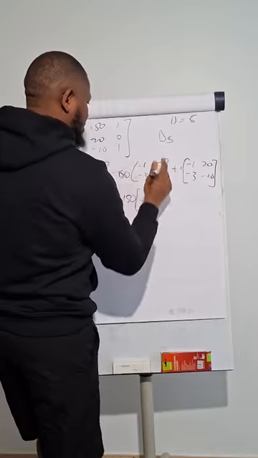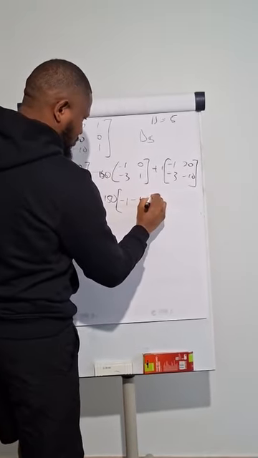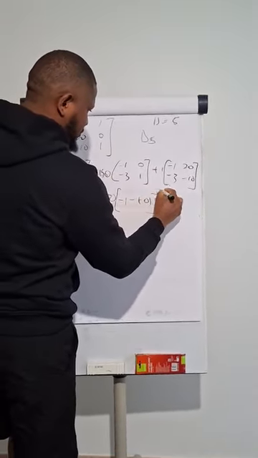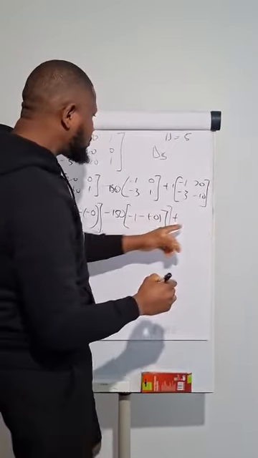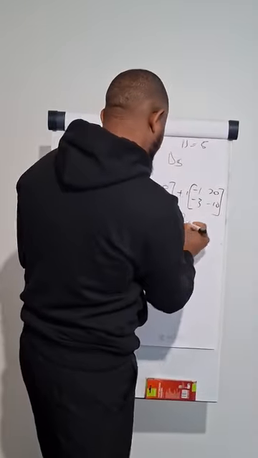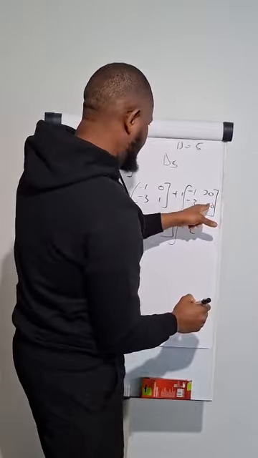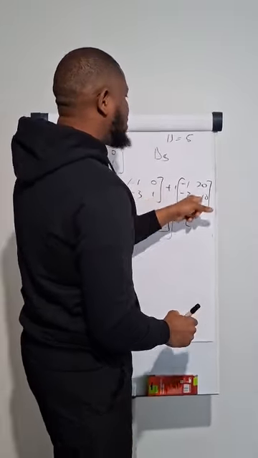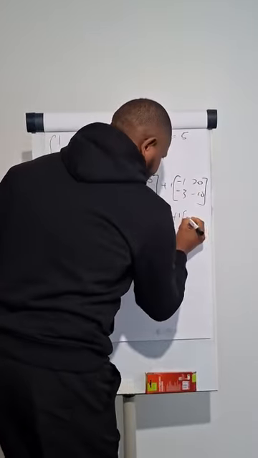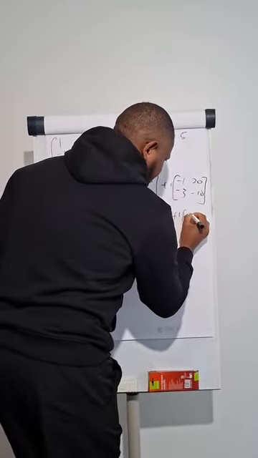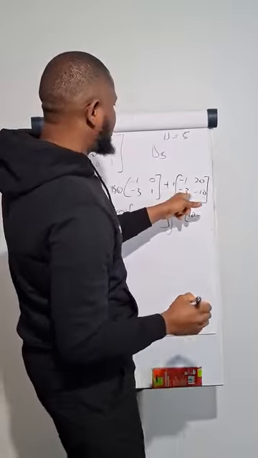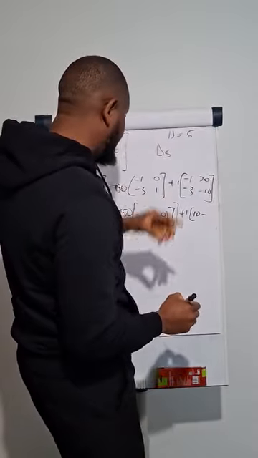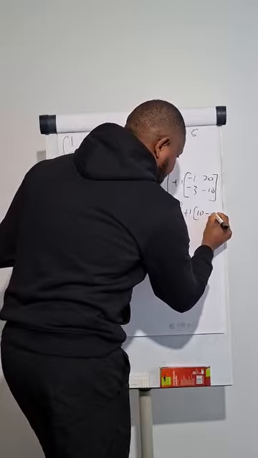Minus 3 multiplied by 0 is minus 0. Plus 1 there. Minus 10 multiplied by minus 1. When minus multiplies minus, you have a positive value, which is 10. Minus 3 multiplied by 20 is minus 60.